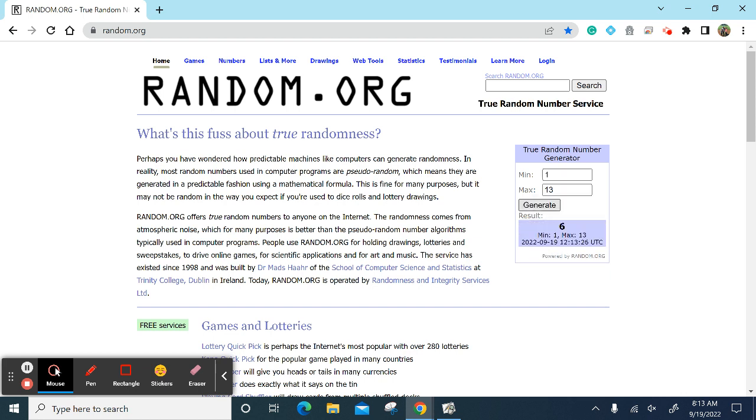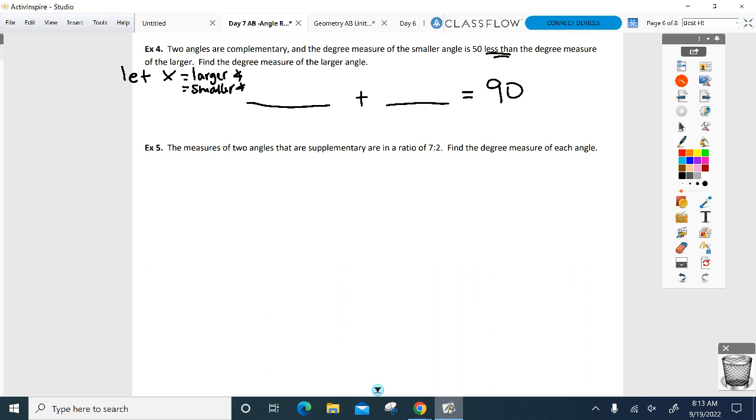X minus 50 is the smaller. So everyone see your 2 angles, X and X minus 50. Now, would you have been wrong if you had said x was the smaller? No. How would I write the larger? Not x minus 50 anymore, but x plus 50. Okay, so if you called x the smaller.